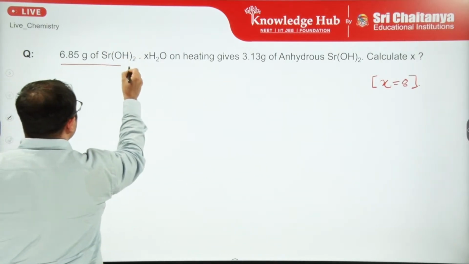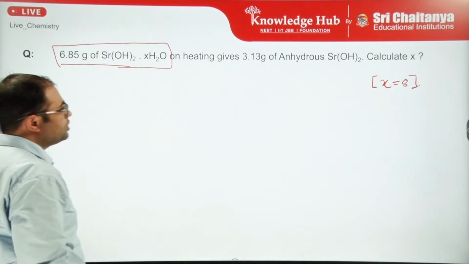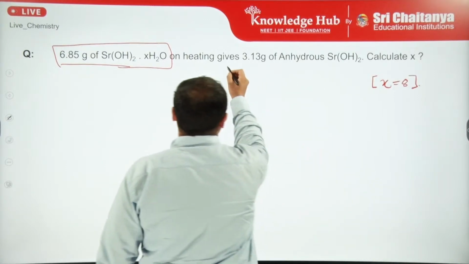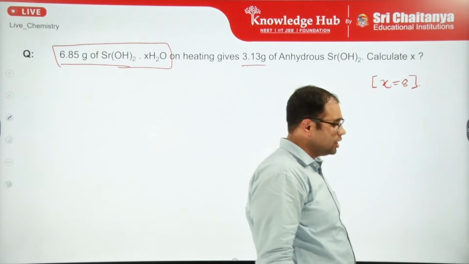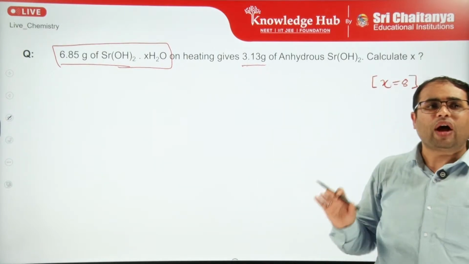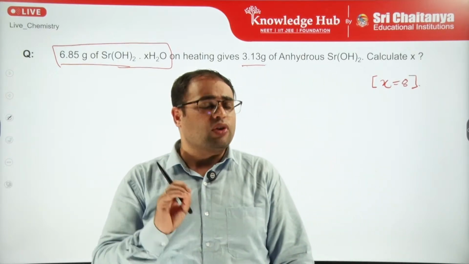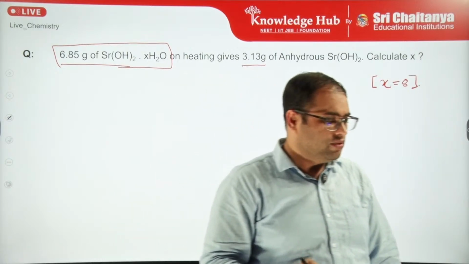So you have 6.85 grams of strontium hydroxide hydrate, right? And on heating it gives 3.13 grams of anhydrous strontium hydroxide. You have to find the value of X. What I want all of you to do is pause this screen for a little bit, read the question and try it yourself.